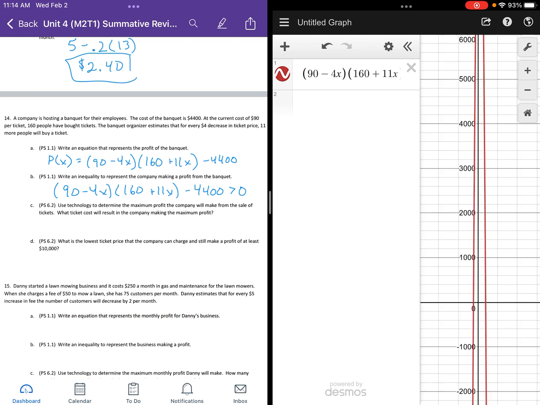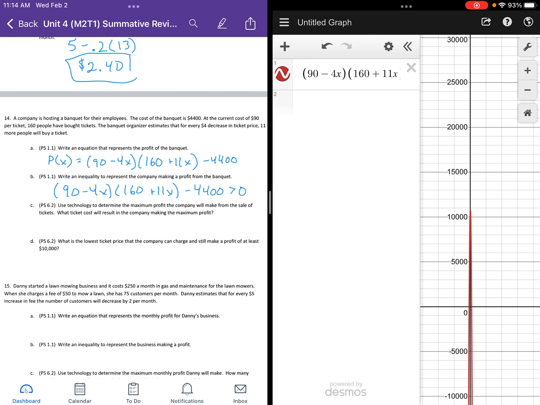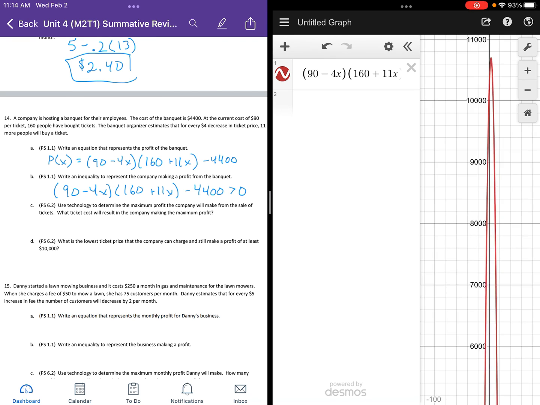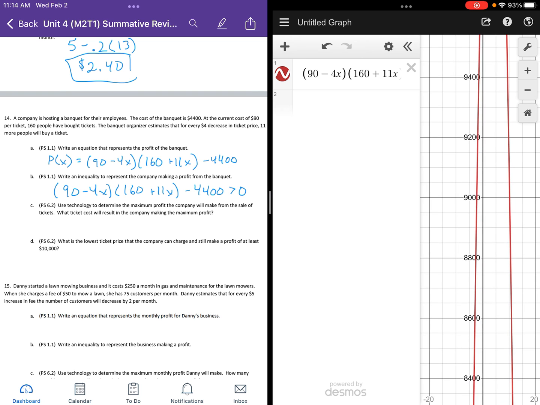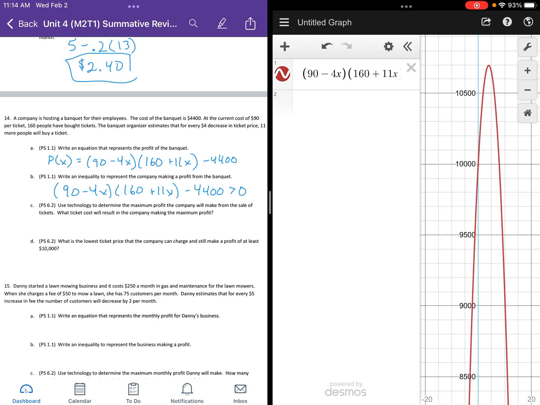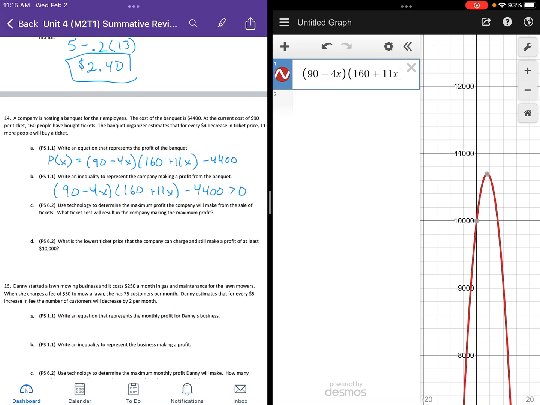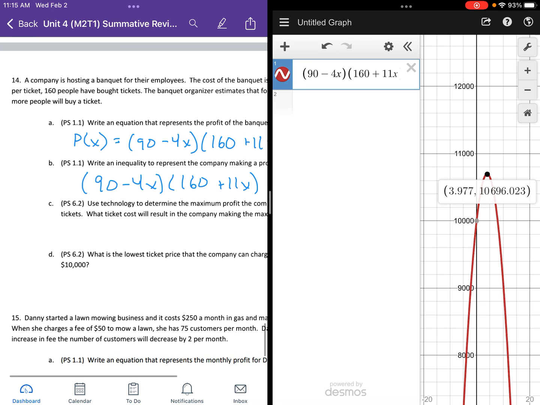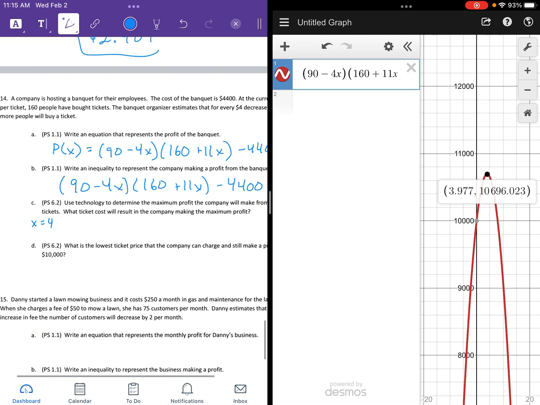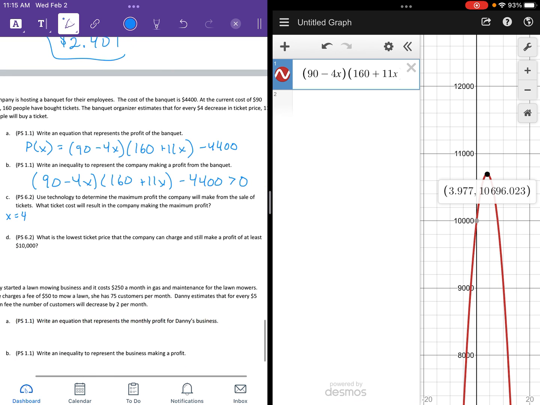It's a taller, and there it is. Come on. There we go. Okay. So we find this point. We got 3.977. So we're going to use x is 4. We're going to round up to 4. All right.